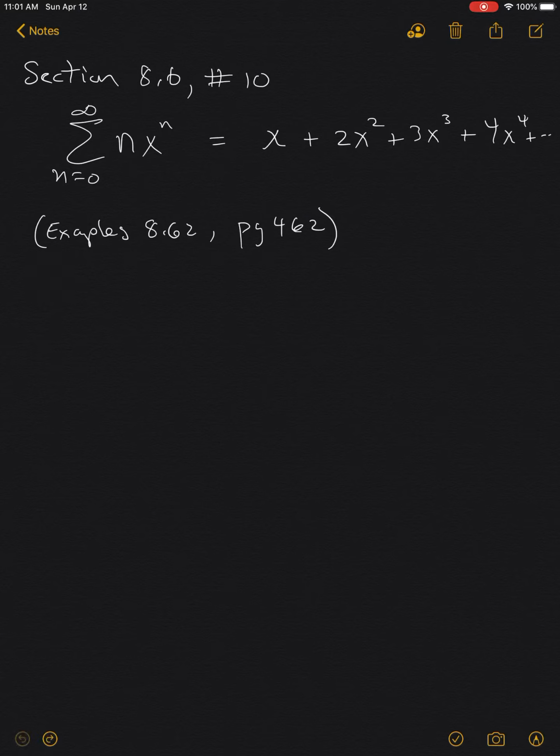So in this case, I'm going to apply the ratio test. So we're going to look at the limit as n goes to infinity. Remember, it's the n plus first term divided by the nth term. So in this case, the n plus first term will be n plus 1 times x to the n plus 1.